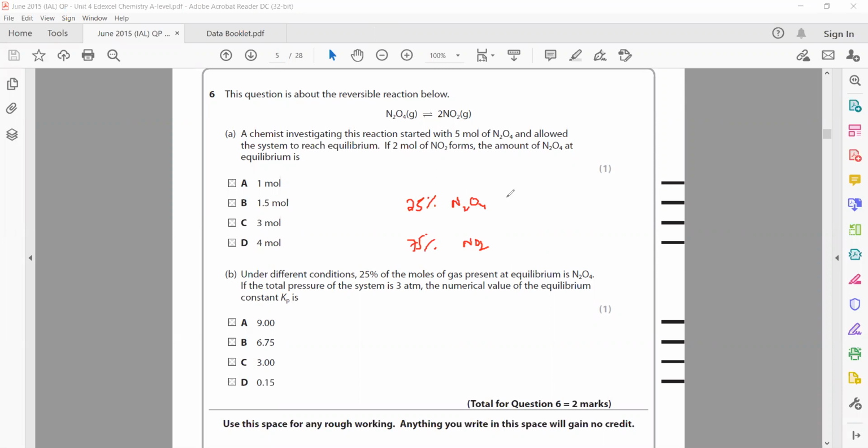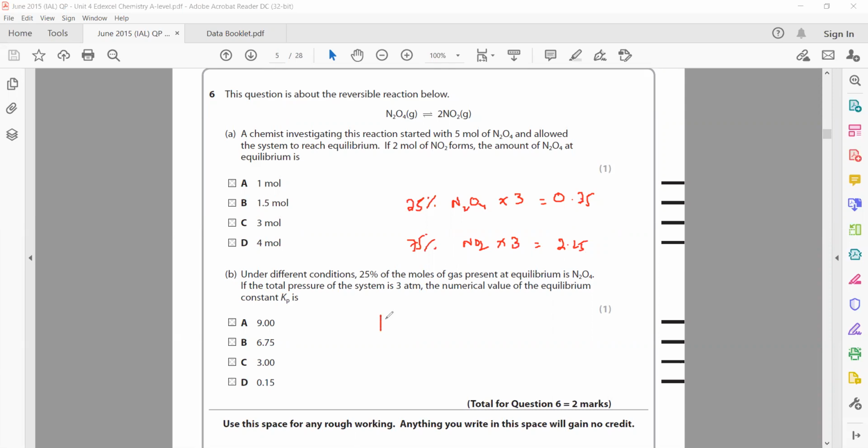So 25% of 3 and 75% of 3. 25% of 3 will be equal to 0.75, and 75% of 3 is 2.25. So 2.25 is the partial pressure of NO2, and N2O4 exerts a partial pressure of 0.75.